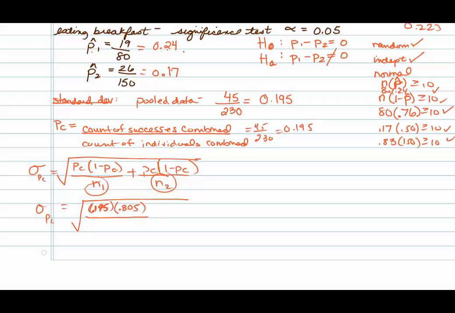Let's see, there was 80 for that first one, right? Because technically, if you were to add these in a different order, it wouldn't really matter. So that's not really what the big deal is. But you just don't want to use a pooled count underneath as well. Is this 150? Yeah. 0.05 she's got over here, 0.05. I got 0.055. Yeah.